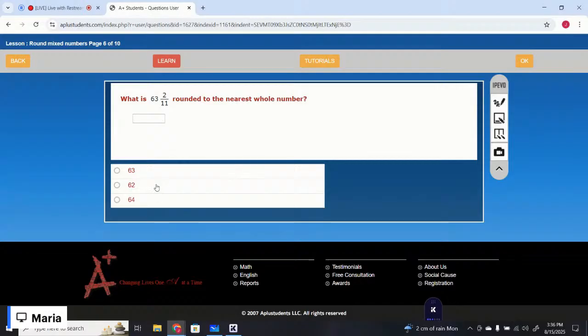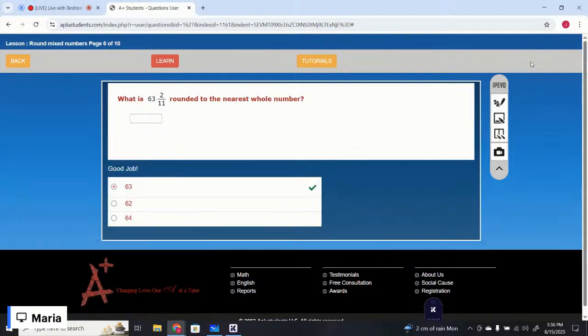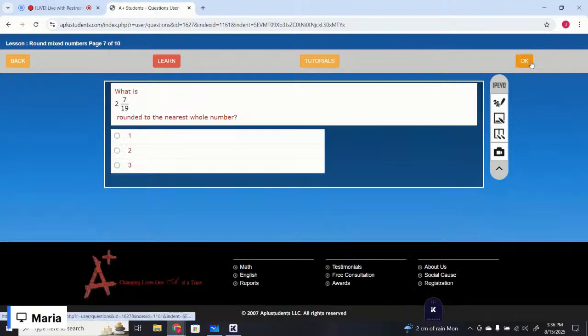So it would be rounded to 63. 2 whole 7 over 19. 7 over 19 is less than half, so it would be rounded to the same whole number, 2.